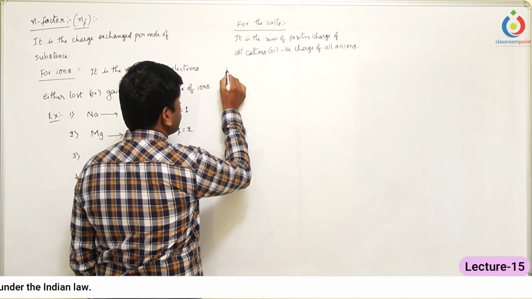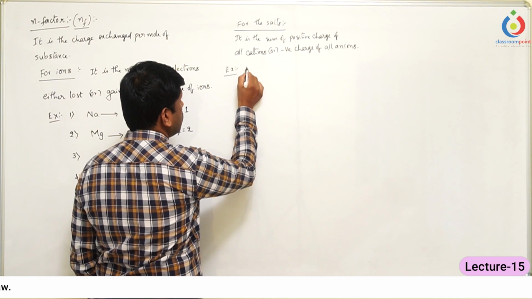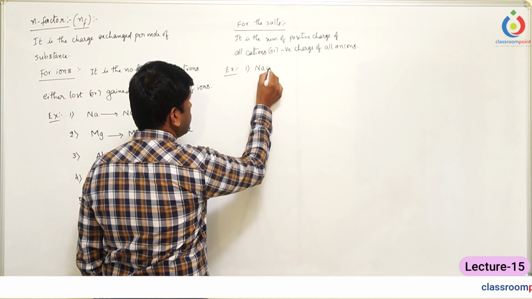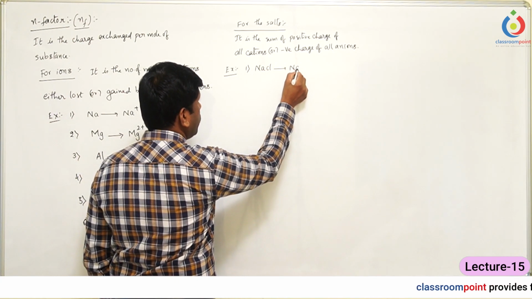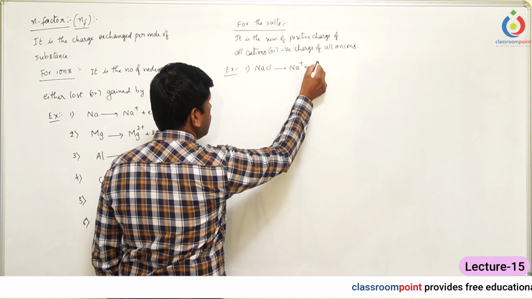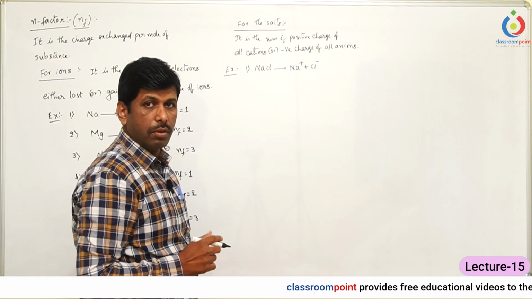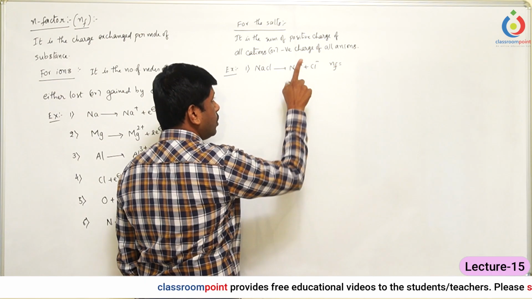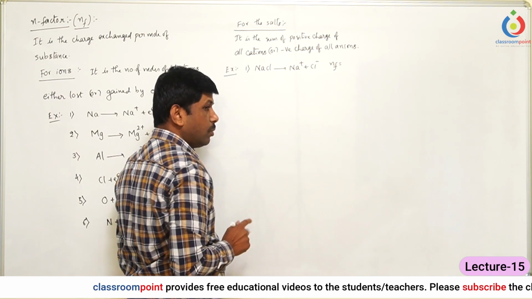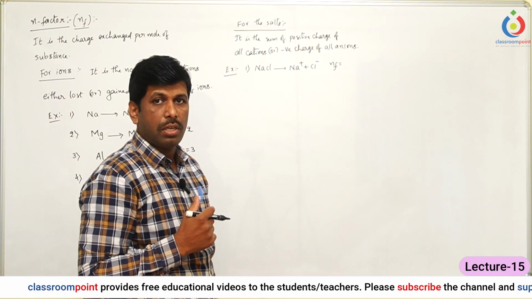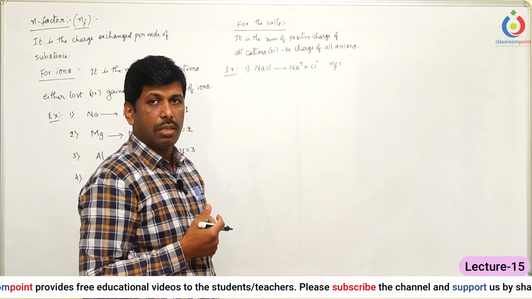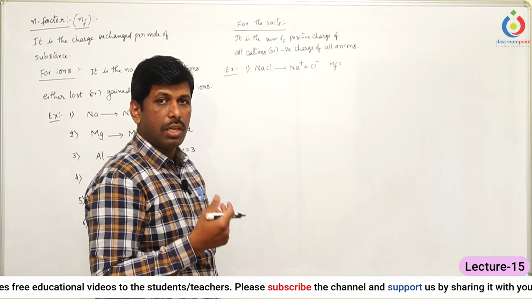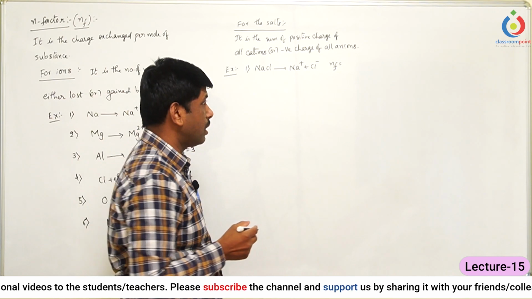So let us take an example. Sodium chloride dissociates to produce Na+ and Cl- ions. So here for the N factor, the positive charge is only one, or the negative charge is only one. The sign convention is not necessary to consider. Only the numerical value we have to consider.